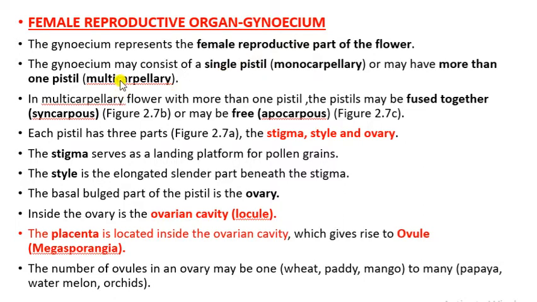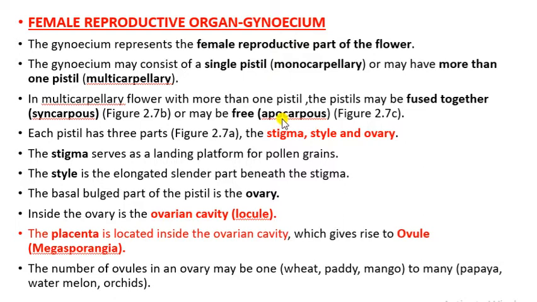Now if a flower consists of more than one pistil, in the case of a multicarpellary flower, there are further two divisions. If the pistils are fused together with each other, it is known as syncarpous, and if the pistils are free from each other, it is known as apocarpous.